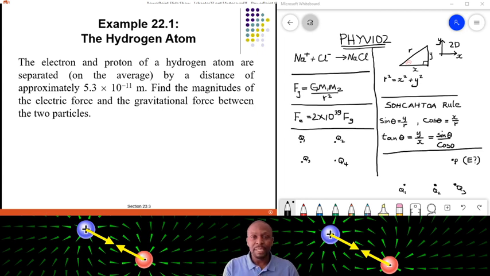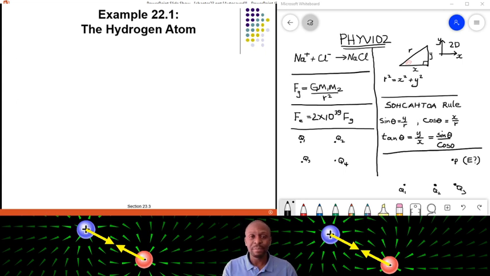For the electric force, we need to know the charges of the electron and proton, and we will use the previous table to get them. For the gravitational force, we will use the mass of an electron and the mass of a proton, and the distance is the same. Then we compare these forces.